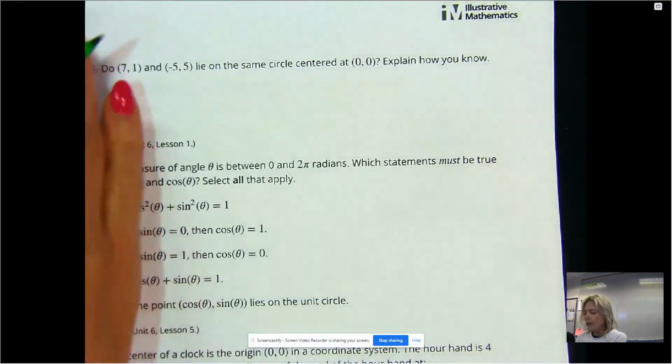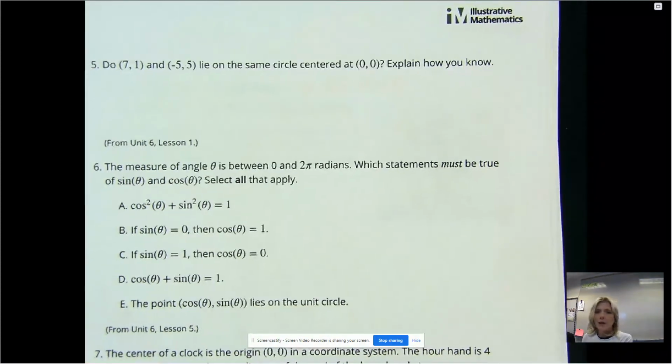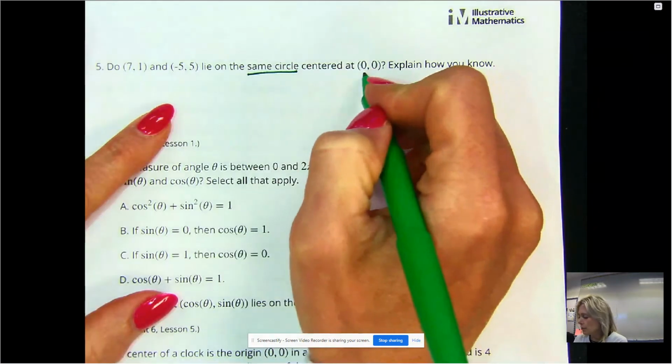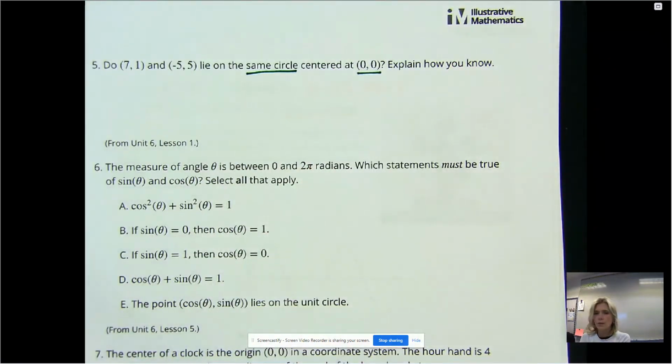Okay, number 5. Do (7, 1) and (-5, 5) lie on the same circle centered at (0, 0)? Okay, so let's see here.